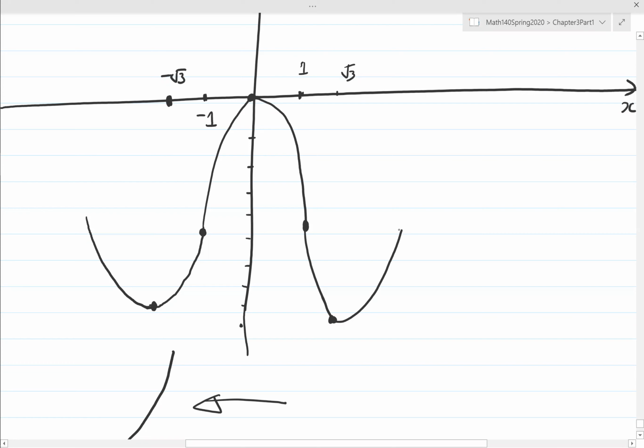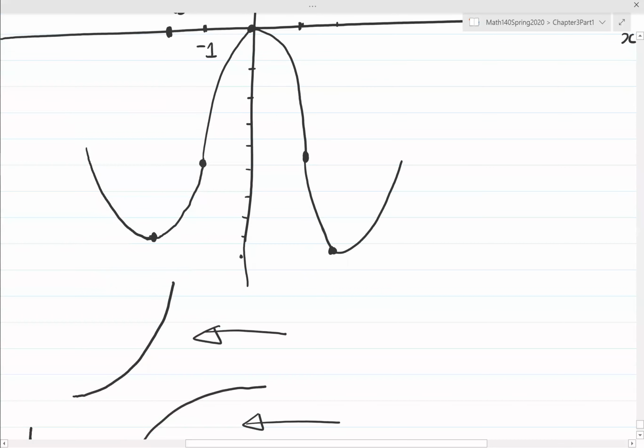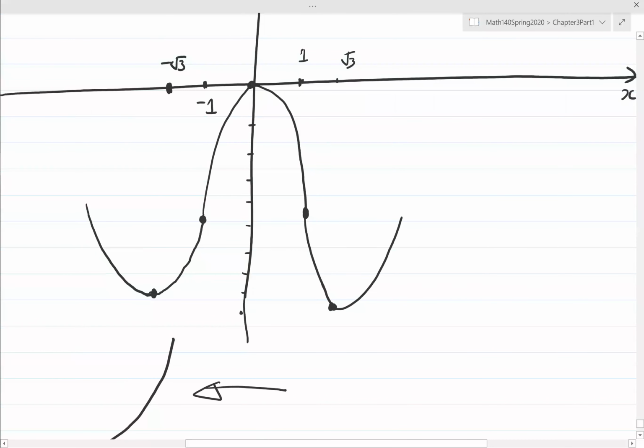So we found local max, local min, concave up, concave down properties. Now, what are its inflection points? Inflection points are where the concavity changes. You see, this part is concave up.